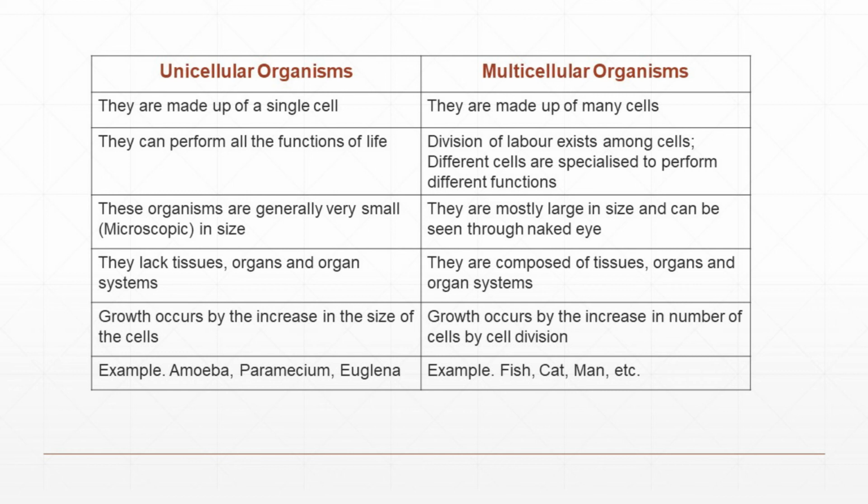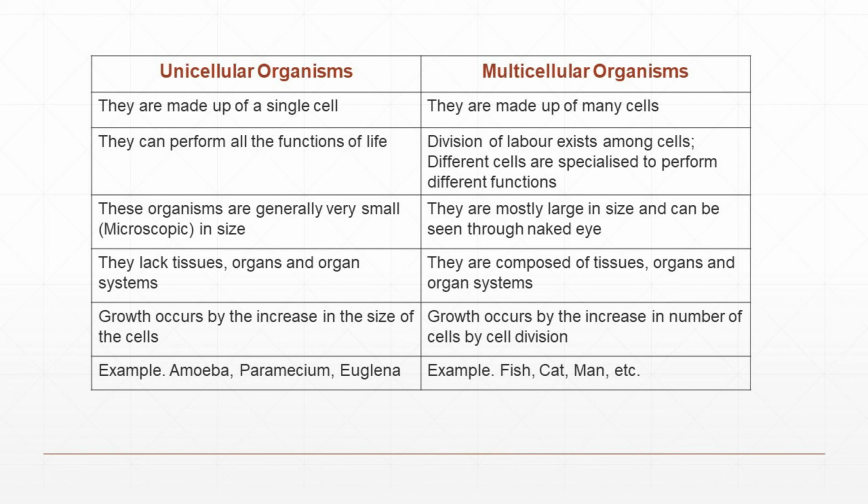We can see them only with the help of a microscope. They lack tissues, organs and organ systems. It is having only one cell, so lack tissues, organs and organ systems.